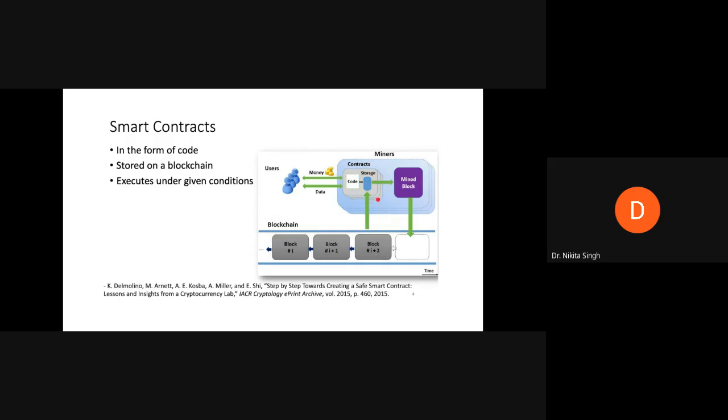The smart contract will have a code section and a storage. This storage is on the blockchain. Remember, we talked about state variables. All the state variables are stored on the blockchain, and that is how they interact with the blockchain.